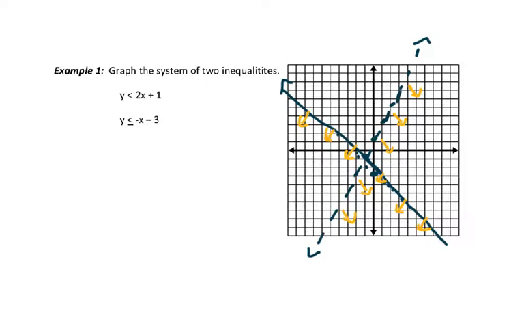So now, when I'm shading them both at the same time, I want to look at where the arrows are pointing at each other. The area that they're pointing at each other is where these two lines share that shaded region. And that area is located right here. That's going to be the area that we want to color in.